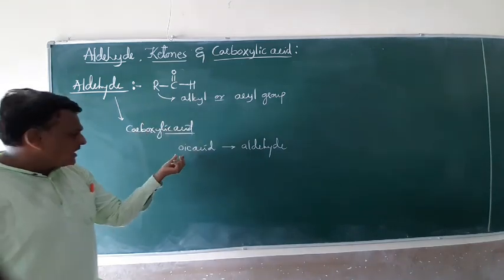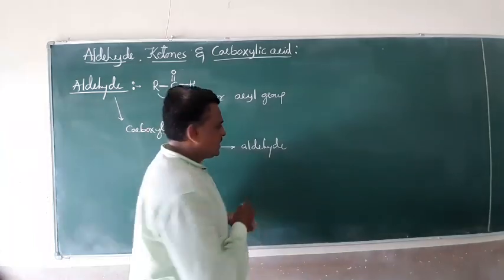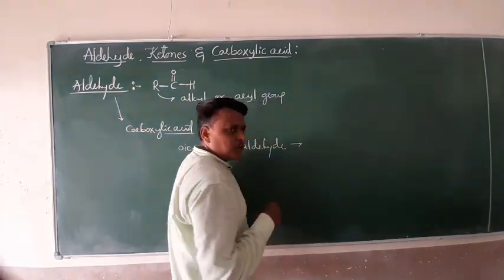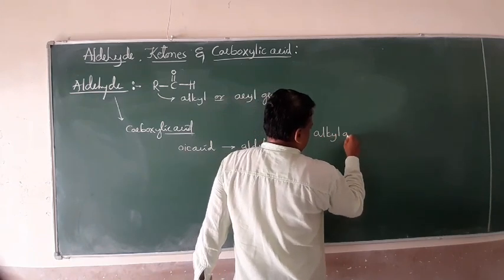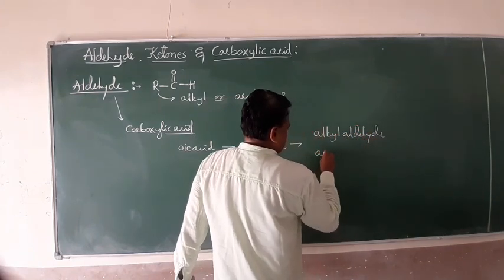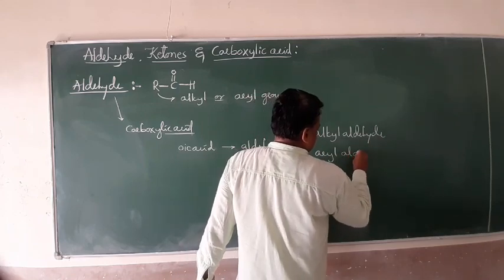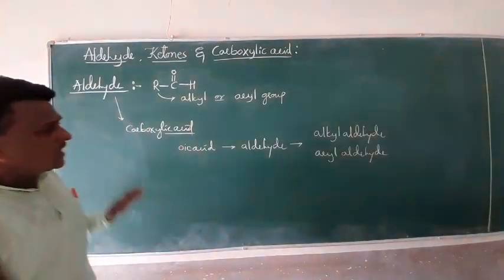In the carboxylic acid, OIC acid is replaced by the term aldehyde. Now you can get your corresponding alkyl. You can use aliphatic alkyl aldehyde or aryl aldehyde. This is a simple story behind your aldehyde.